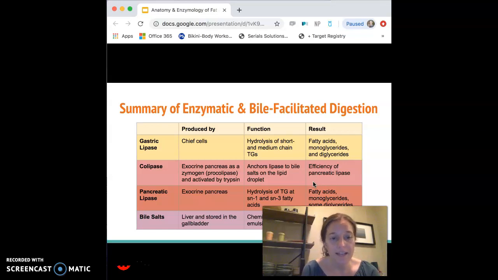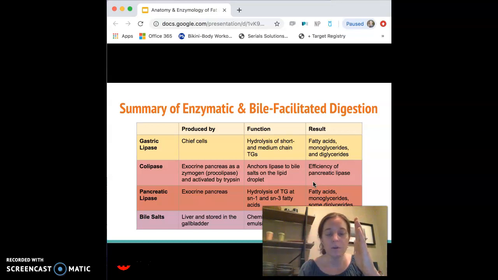Now, pancreatic lipase is also produced by the exocrine portion of the pancreas, and its role is similar to gastric lipase, the hydrolysis of triglycerides, here cleaving at what's considered the SN1 location. If we're thinking about a triglyceride molecule, you have the glycerol backbone and then the 3 fatty acids.